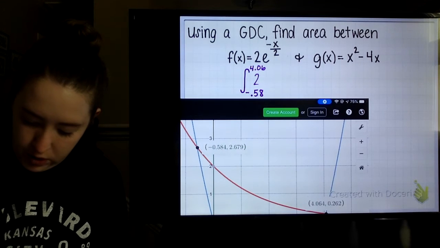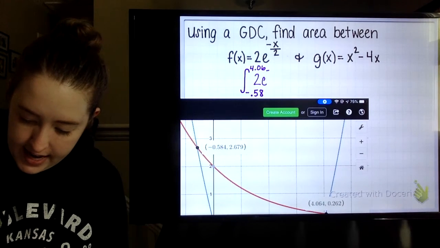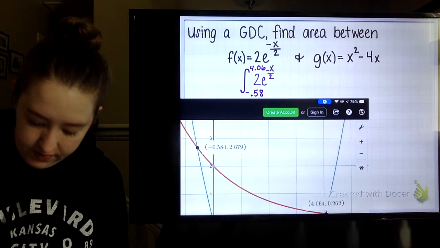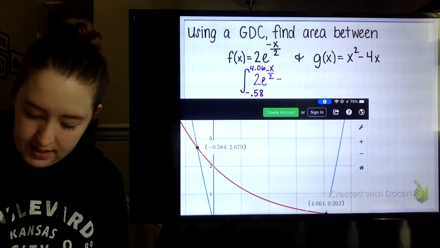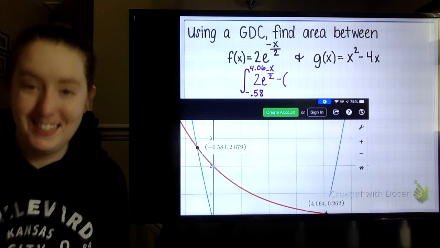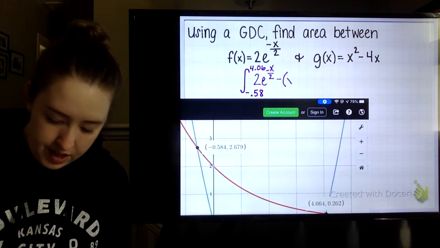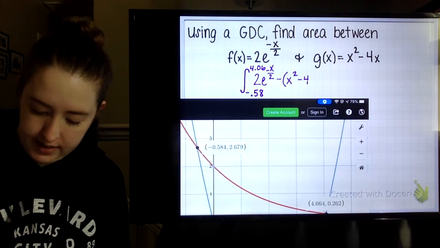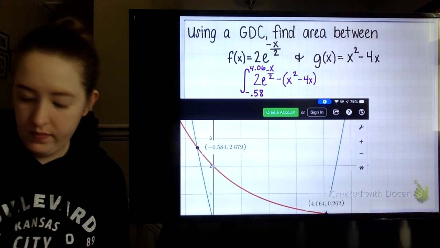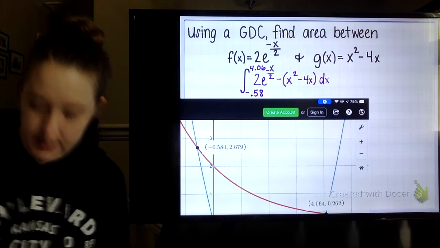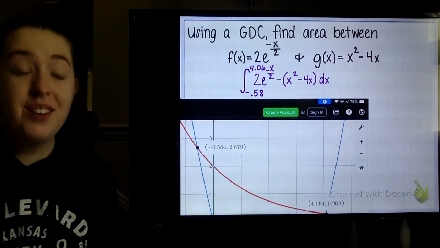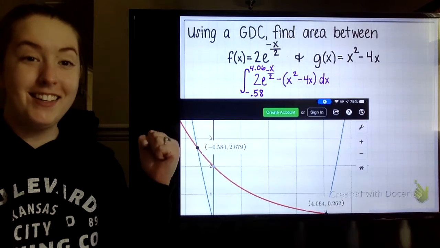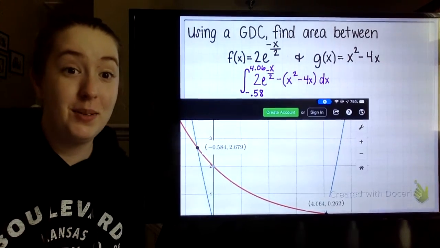So 2e to the negative x over 2 minus, and then please put some parentheses so that we'll know that it needs to distribute that negative out, x squared minus 4x dx. So this looks big and gross, and it is, but the good news is we have technology. So the technology will just do it for us.